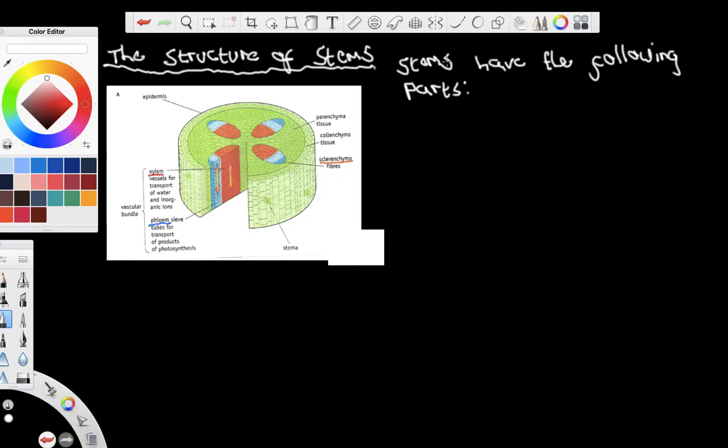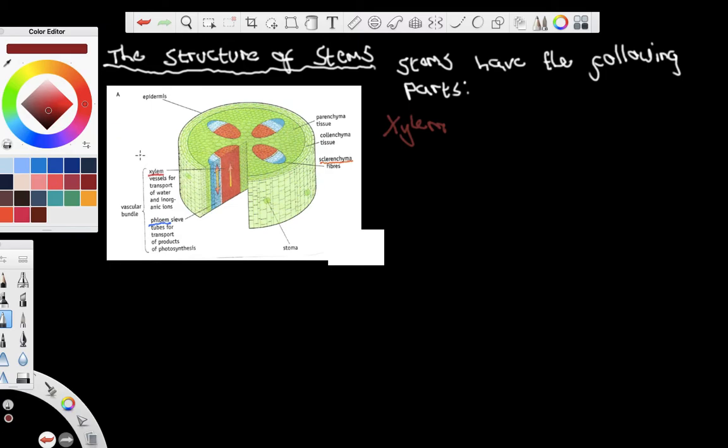The first one we're going to talk about is the xylem, and the xylem on this diagram is shown in red. However, we do use red for keywords, for important points, so I'm going to use a different colour red, okay? So we've got the xylem. And the xylem are these parts in red on this diagram. I've underlined it with a red pen on my PowerPoint, okay?